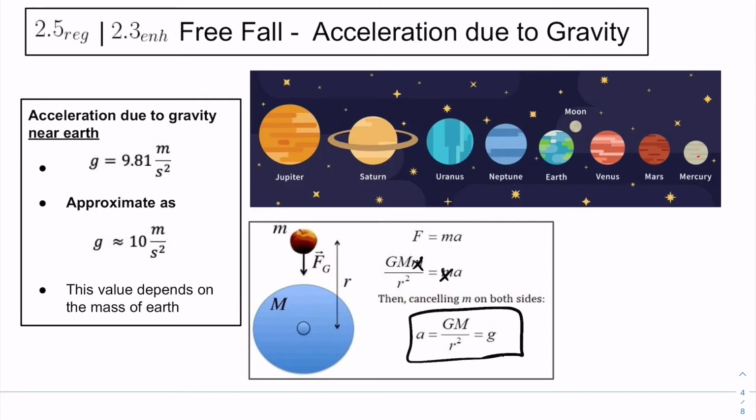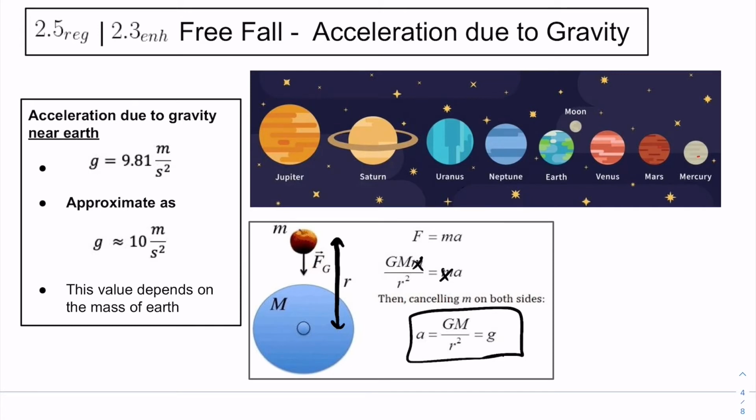Okay? It also depends on how far away you are from the Earth, which is a term we would call our radius of falling. But for all of our problems, we're going to assume that we're at a constant distance. 1 mile away from the Earth, 2 miles away, in the grand scheme of things, that's not very much.